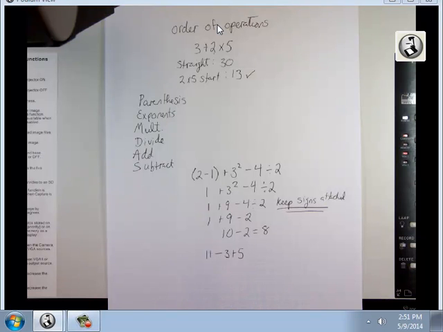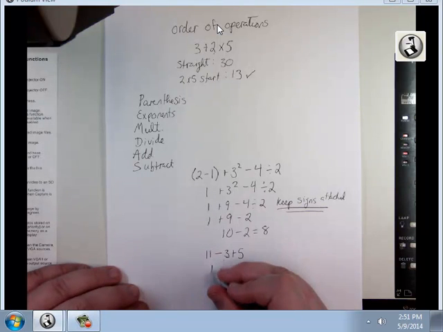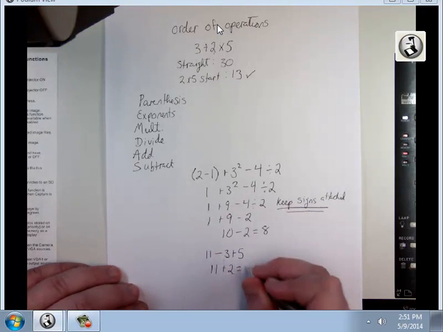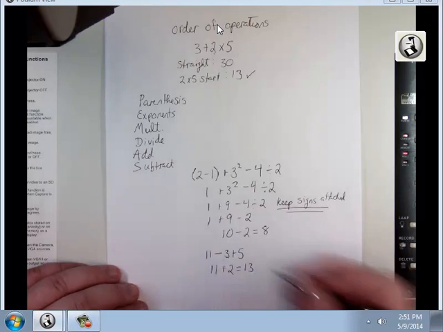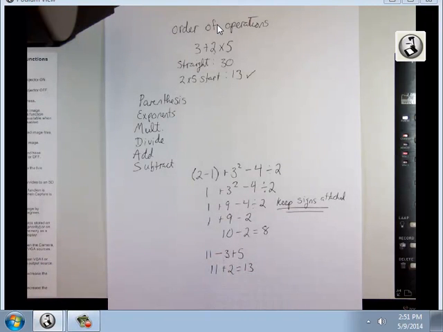But that's not just a 3, that's a negative 3. So negative 3 plus 5 is 2. 11 plus 2, which is 13. If you don't keep the sign attached, you will not get the right answer. So you've got to keep your signs attached.